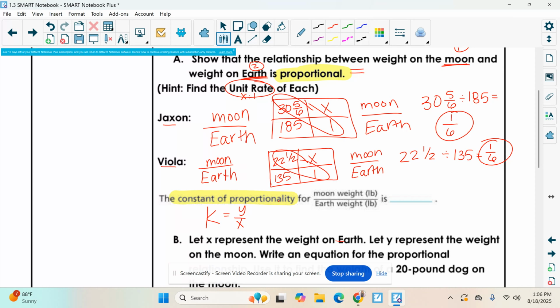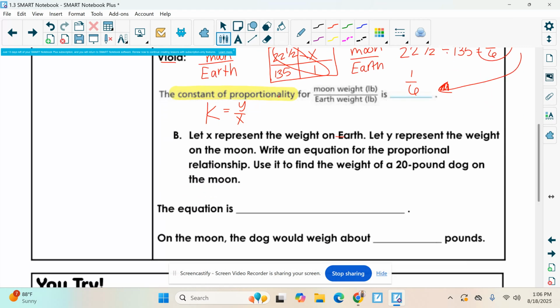It's the constant of proportionality. We already found it. So what that's saying is, when you go to the moon, it is 1/6 of your weight on the earth. Okay?